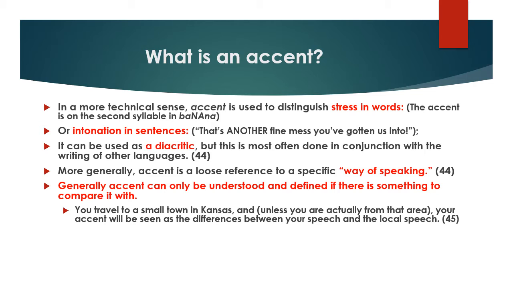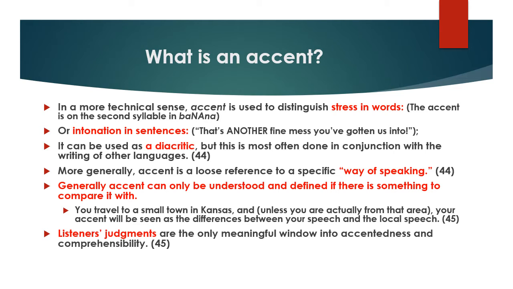So if you have never traveled outside your own community, you will possibly not realize that you have an accent. But the moment you travel to other places where people speak differently, you will understand, okay, these people have accents. Actually, we all have an accent, as we'll know from this chapter.